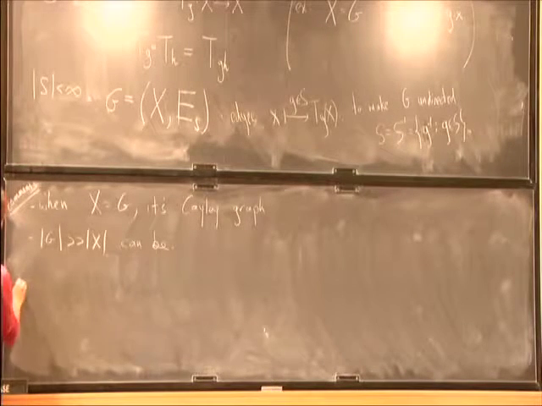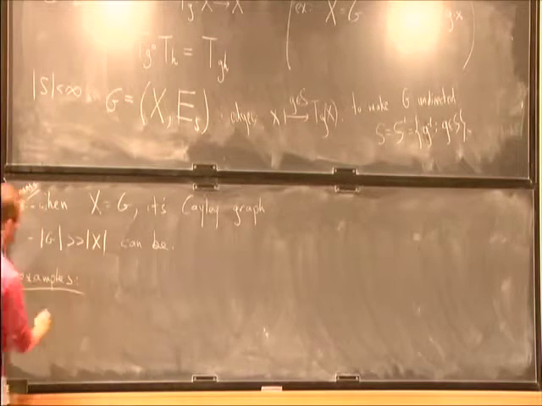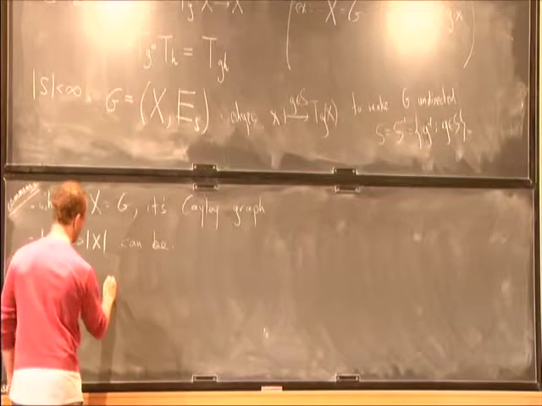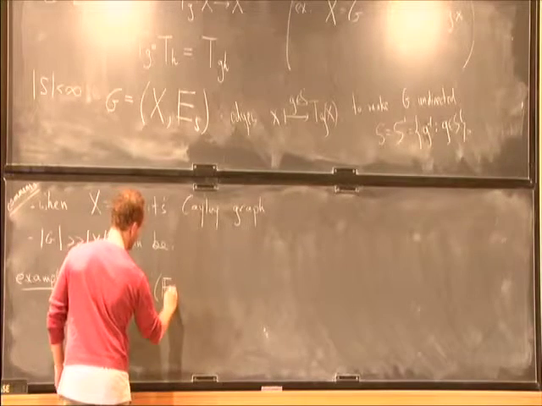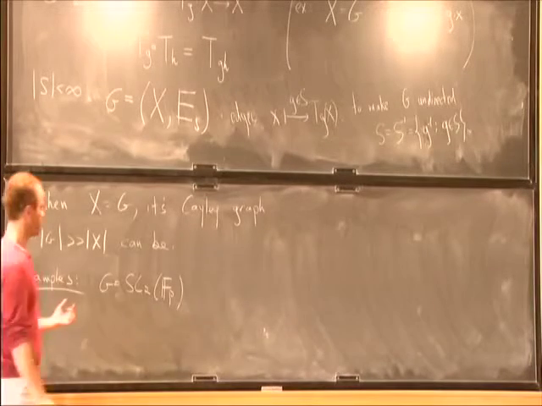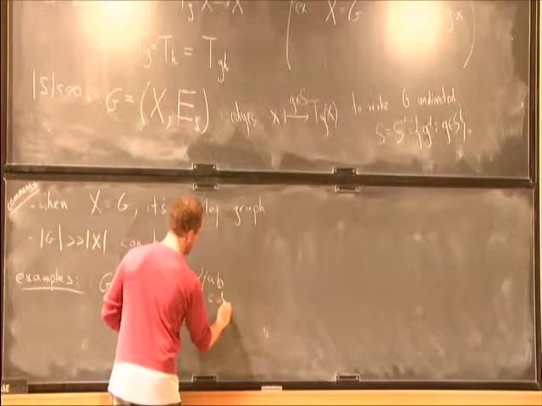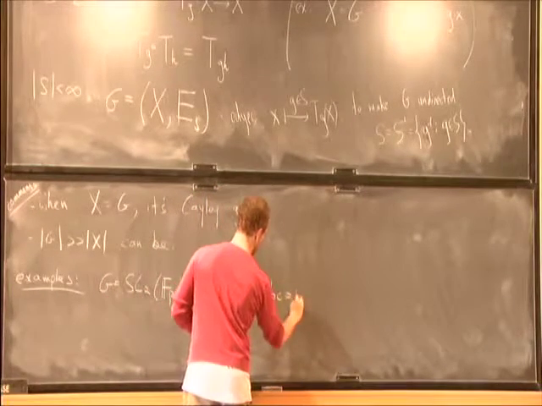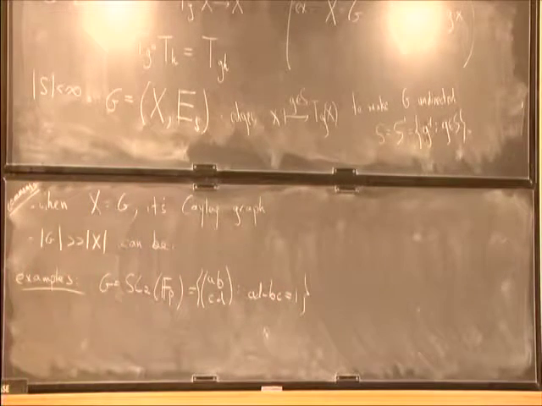Maybe we'll add two more examples just to be clear. The first example is G is SL2 of Fp. So what is the group? It's the group of 2 by 2 matrices with determinant 1 over this finite field.